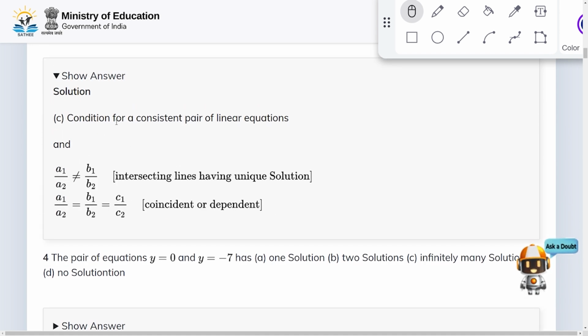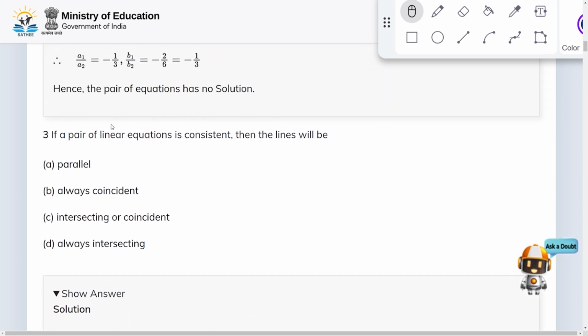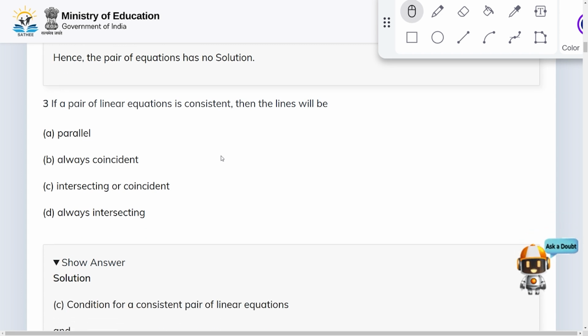So solution. Here the condition for a consistent pair of linear equations is a1 by a2 is not equal to b1 by b2, when the lines are intersecting, having a unique solution. Okay, and when a1 by a2 is equal to b1 by b2 is equal to c1 by c2, then the lines are coincident and the equations are dependent. Okay, so here if a pair of linear equations is consistent, then the lines will be intersecting or coincident.